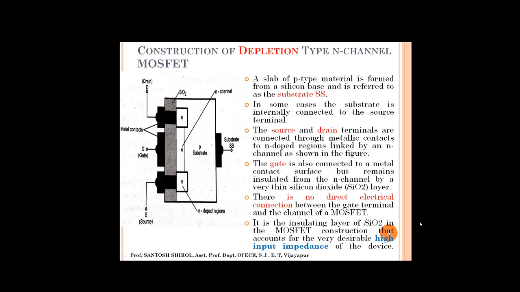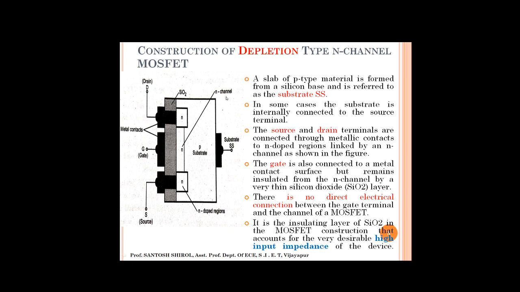Let us see the construction of the depletion type MOSFET. As I already said, in the depletion type also there are two types, one is N channel and one is P channel. Let us discuss one type, the N channel MOSFET. We call it N channel because of the channel that you see on the screen, which is an N channel.